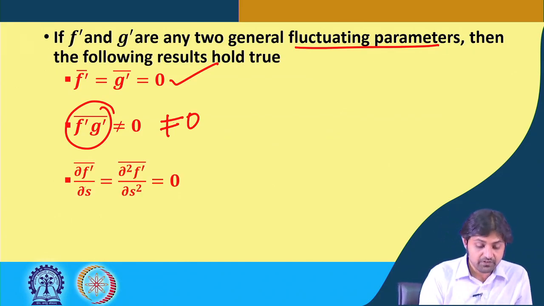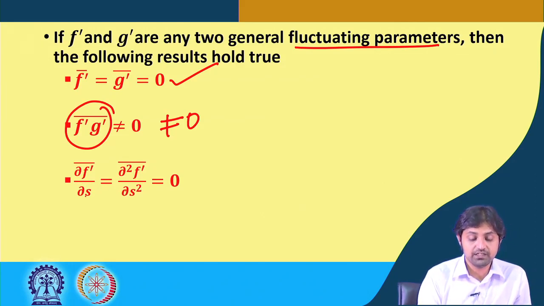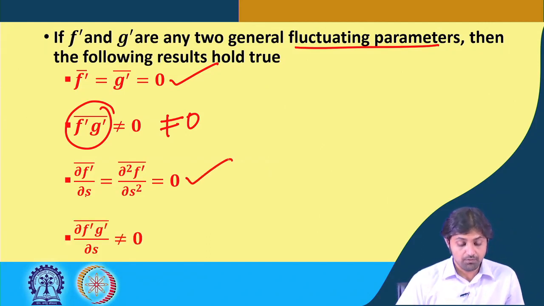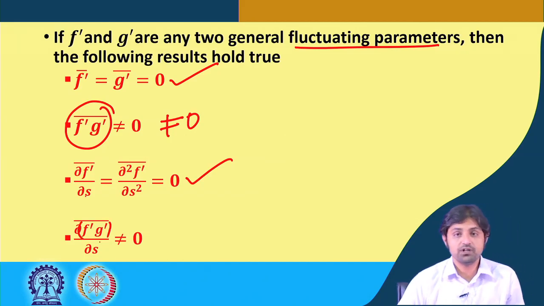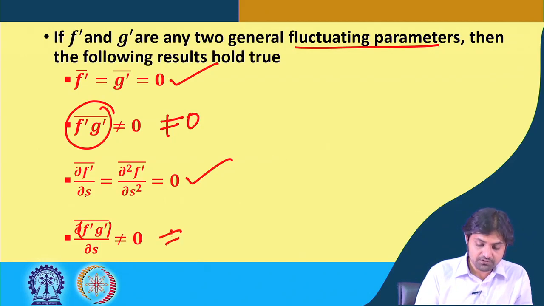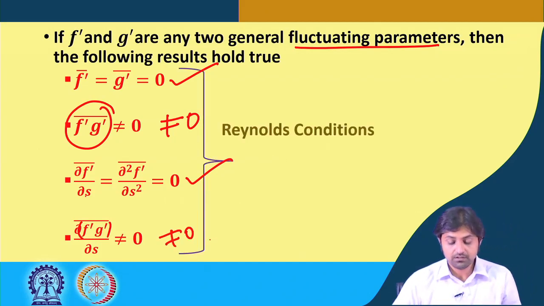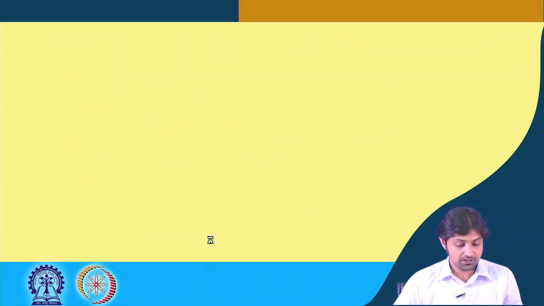Also, if we differentiate a fluctuating component, or double differentiate it, and take the average, this will be 0. And if we differentiate the product of these two quantities and average, it will not be equal to 0. These are the Reynolds conditions.